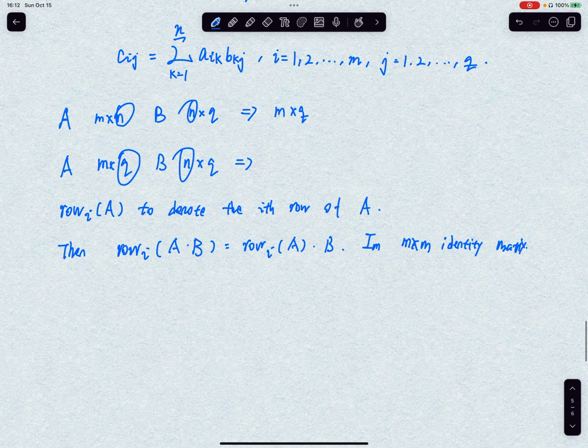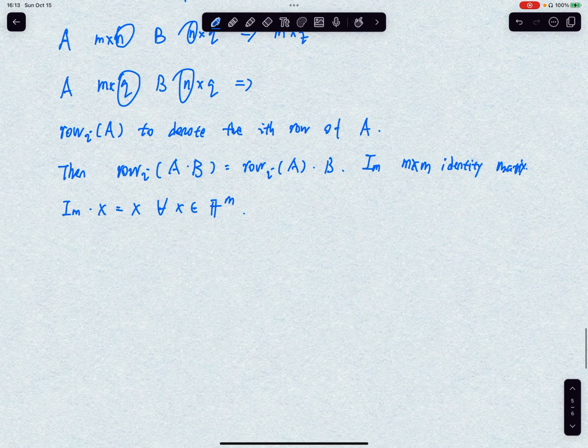So that means Im times x equals x for all x that lives in R^m.